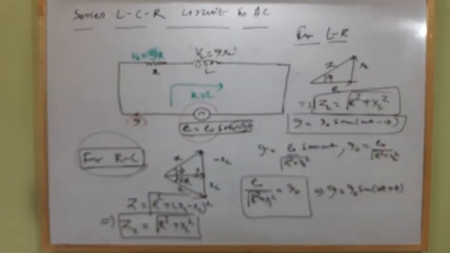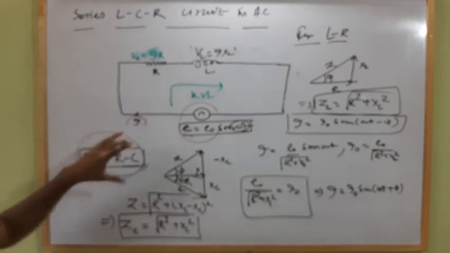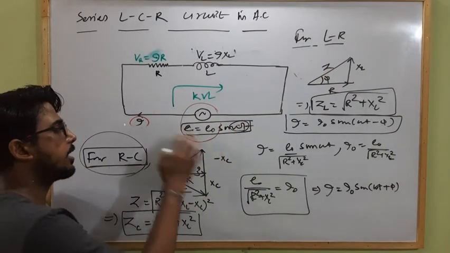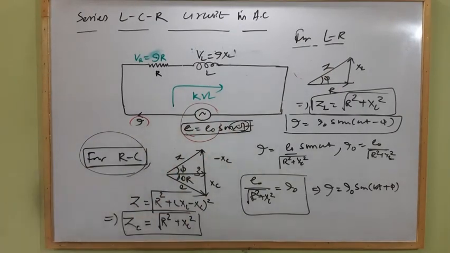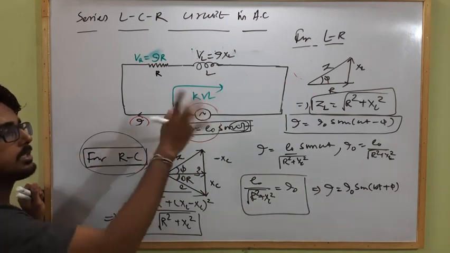So this is about the series LCR circuit, series RC circuit and series LR circuit. Once you determine all the derived factors for the LCR circuit, you can easily calculate all the terms for the RC and RL circuits. Clear?